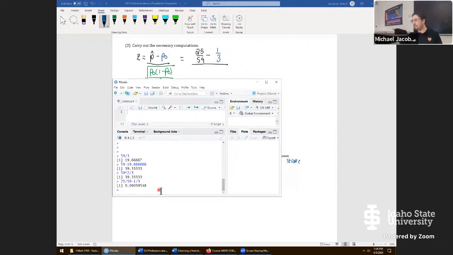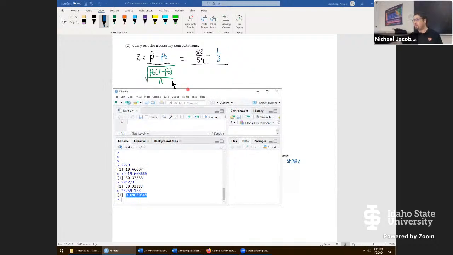We have that 25/59ths minus 1/3 is some positive quantity, but that quantity is truly irrelevant to us unless we put the standard deviation down there. What a test statistic tries to do is approximate the number of standard deviations that the statistic is away from the statement of the null hypothesis. And this time it's a really good approximation because, well, that is the exact standard deviation, assuming the null hypothesis is true.